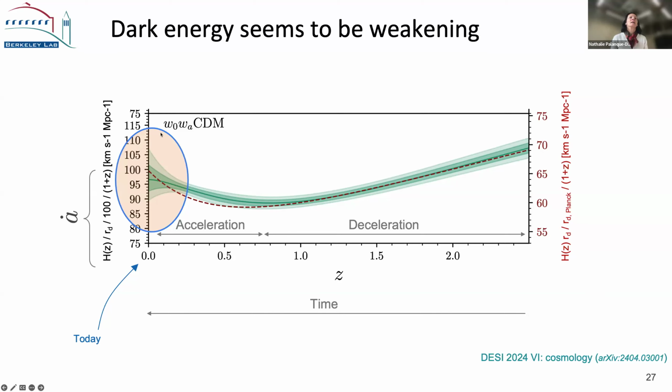However, what we notice in the most recent universe is that instead of continuing to accelerate, as would have been predicted with a lambda CDM model, we instead see a slowdown of this expansion and a possible turnover. This is yet to be determined. But this clearly shows that the acceleration of the expansion is slowing down. And if that is the case, it is an indication that dark energy is not as strong as what would have been needed according to a lambda CDM model, and therefore might be weakening in the recent epochs.